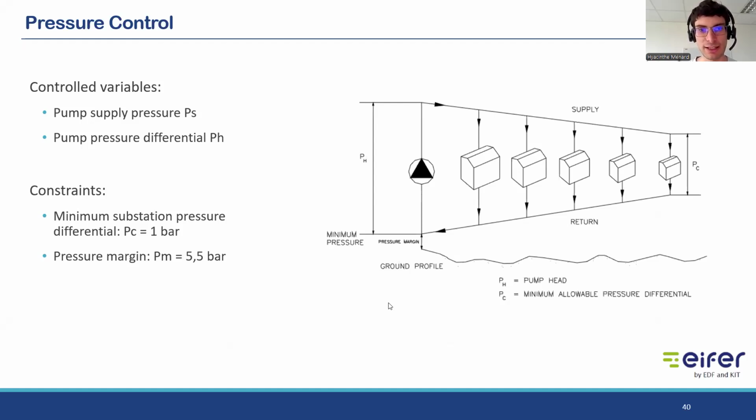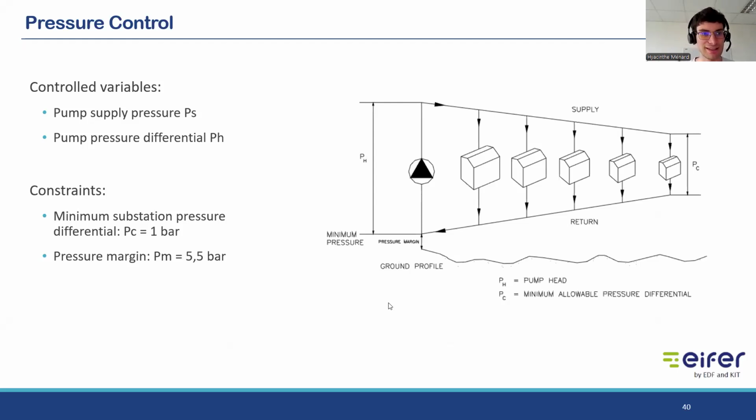So typically, here you have a representation of the evolution of the pressure in a typical district heating network, where the pressure is diminishing in the supply network and again in the return network, which means that the customer that is the furthest from the source actually has the lowest pressure differential going through them.